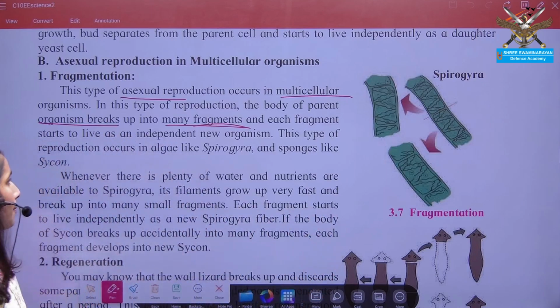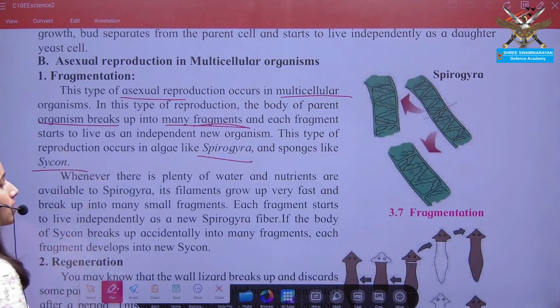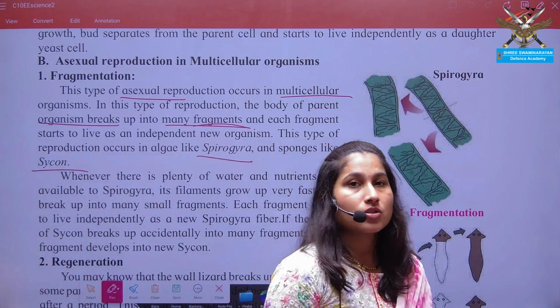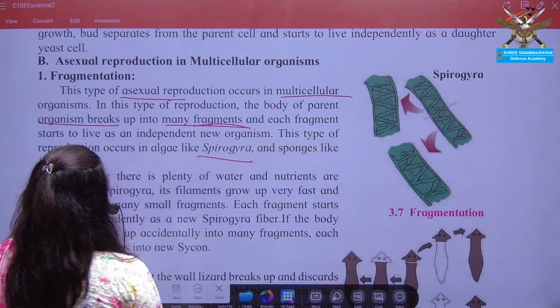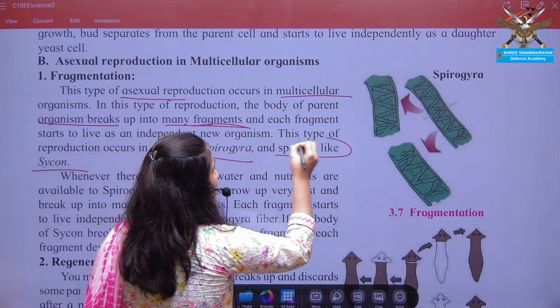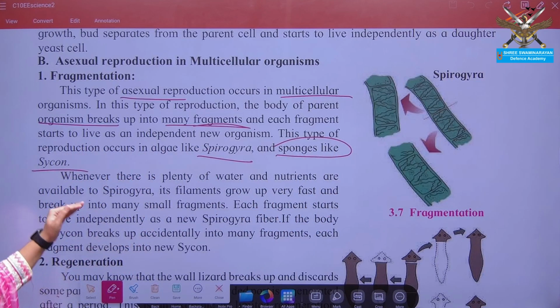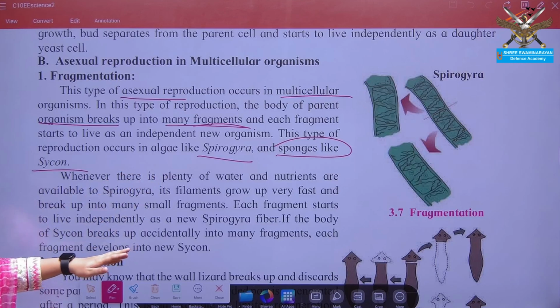What are the examples of this? Spirogyra, then sponges like Sycon. Sponges belong to the phylum Porifera, right? Sycon and Spirogyra show reproduction with the help of fragmentation.